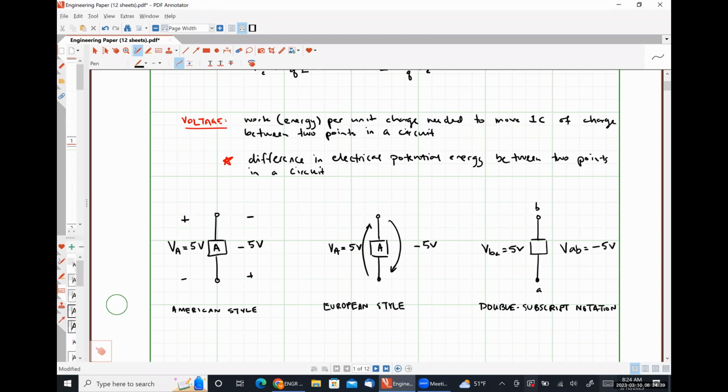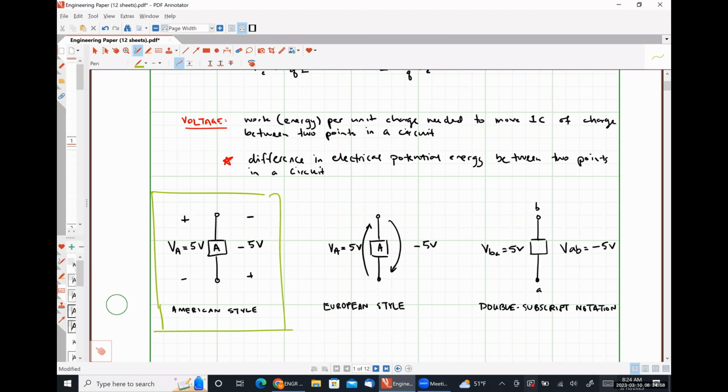Okay. So these are the 3 different ways that we represent voltages on our schematic diagrams that we're going to be working in this class. The overwhelming majority of the time, this is the way that we're going to do things. Okay.